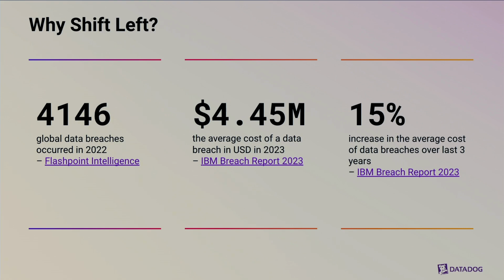And then in 2023, IBM stated that their estimated average cost of a data breach is $4.45 million US, and that figure represents a 15% increase from the same figure from just 3 years ago. So what this tells us is that, one, many organizations will be victims of data breaches every year, and two, that when it does happen, they will pay dearly for it.